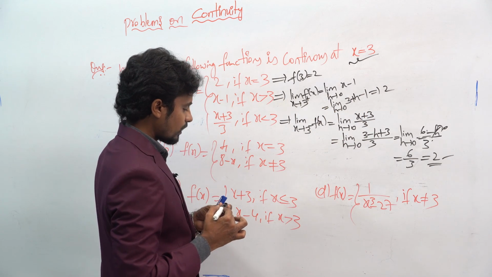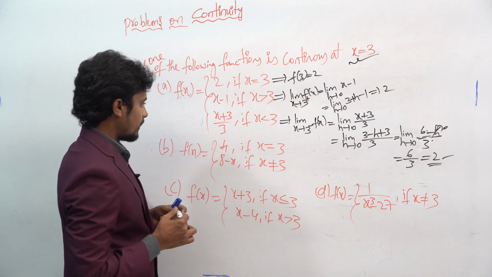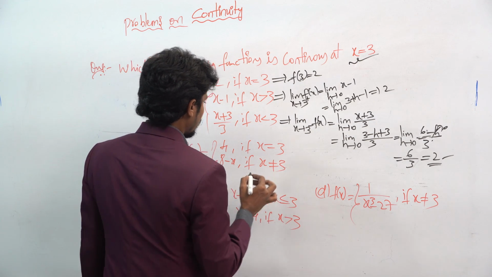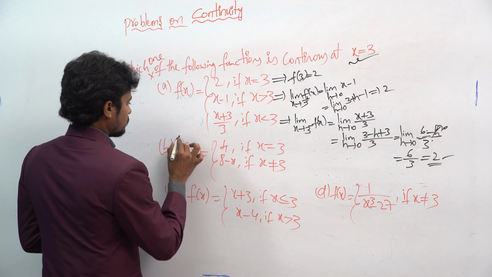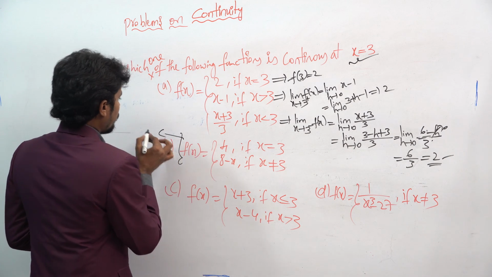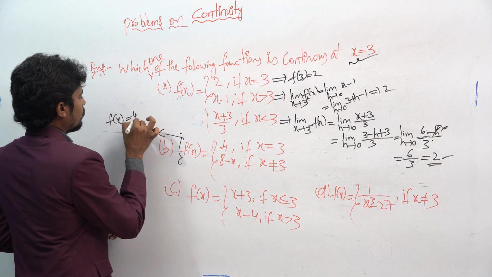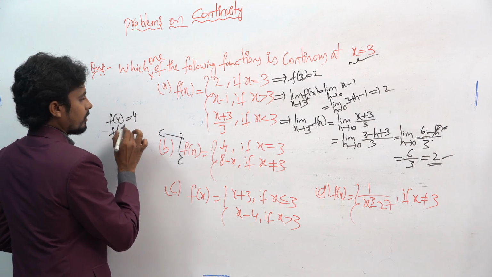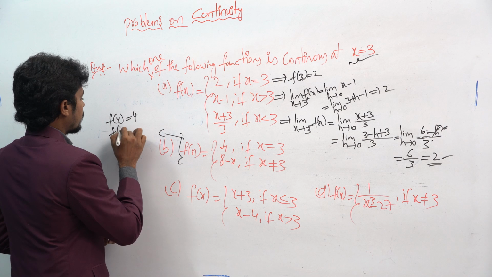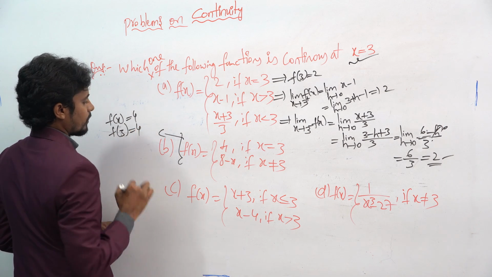Okay. Next, here f of x is equal to 4. Here f of 3, how much will you get? You will get 4.